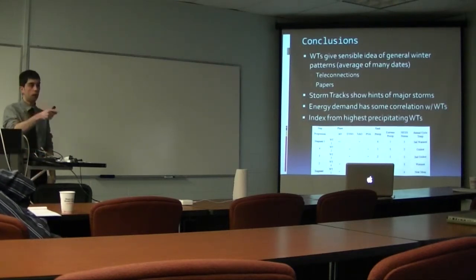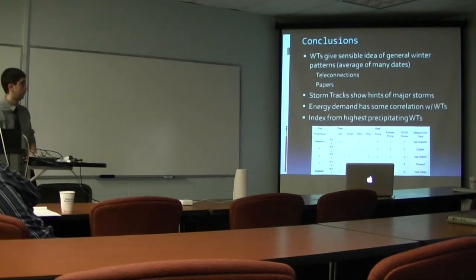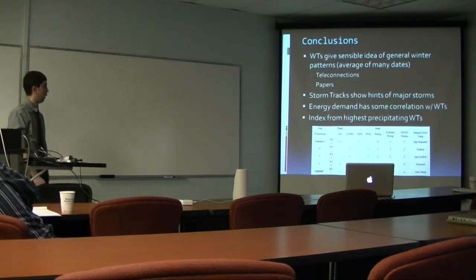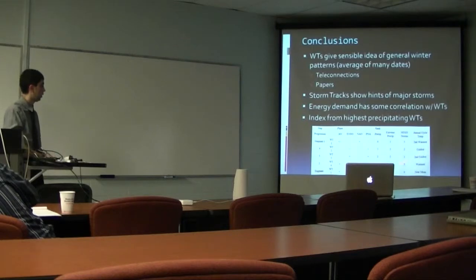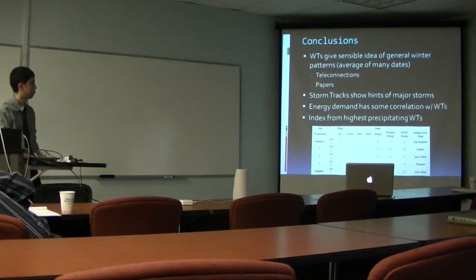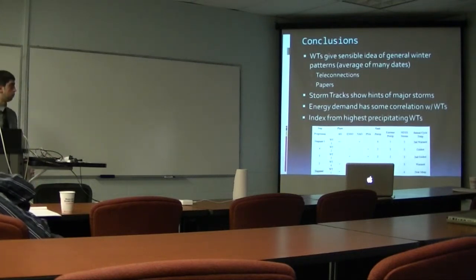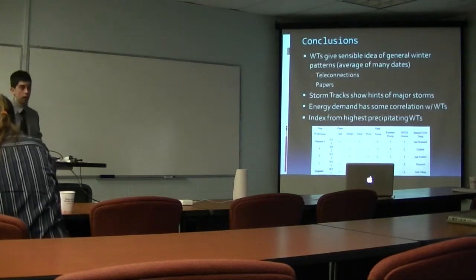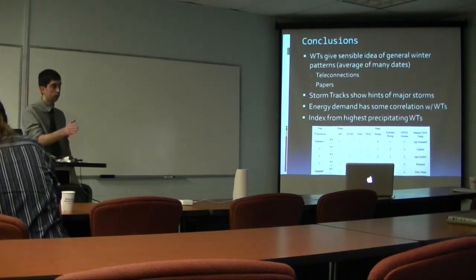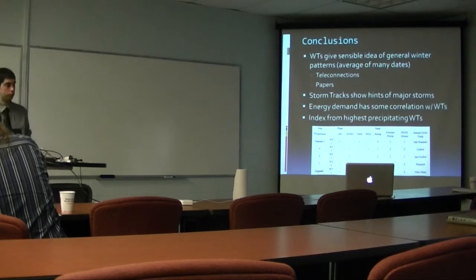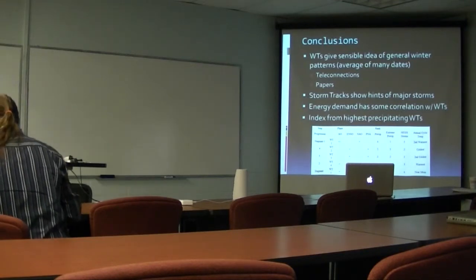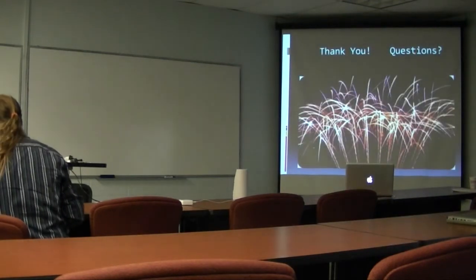So the amount of snow, how long the track was, those are the things that that database measures. And it was good to see that those that had the highest actually occurred within our progression, weather types 2, 3, and 4. And just a reminder that that scale includes the entire range from the beginning of when the snowfall happens to when it goes offshore or the snowfall stops. And so that's it.